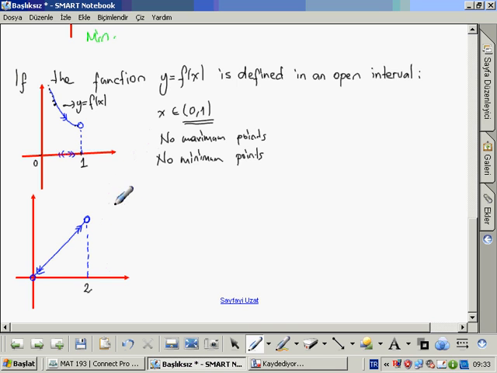If this is the f of x function, for x an element of the open interval (0, 2), we can say there are no maximum and no minimum points.